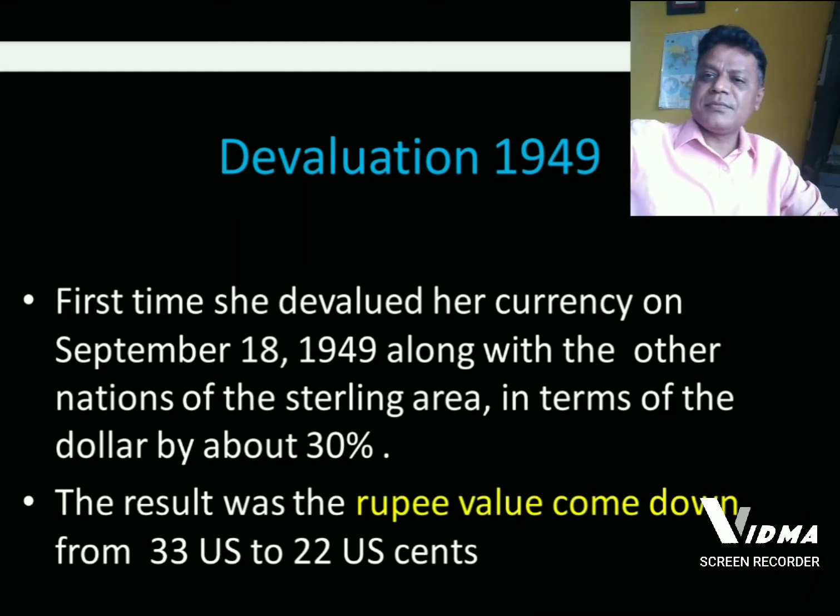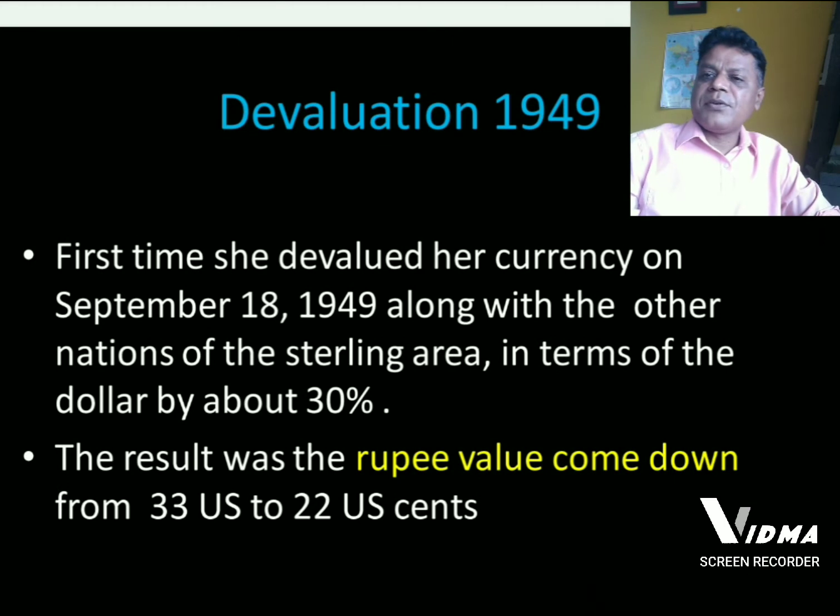Look at your screen. For the first time, India devalued her currency on September 18, 1949, along with other nations of the sterling area, in terms of dollar by about 30%. India devalued her currency for the first time on 18th September 1949, along with those countries which were already on the pound sterling currency.